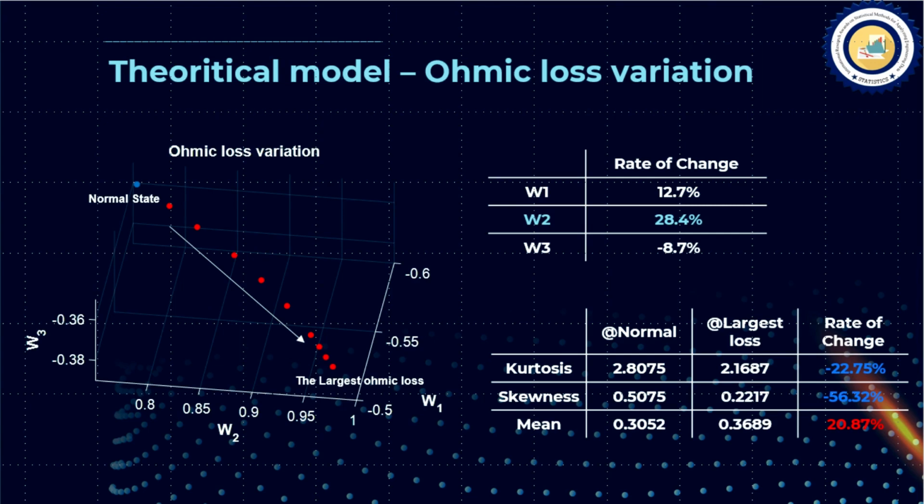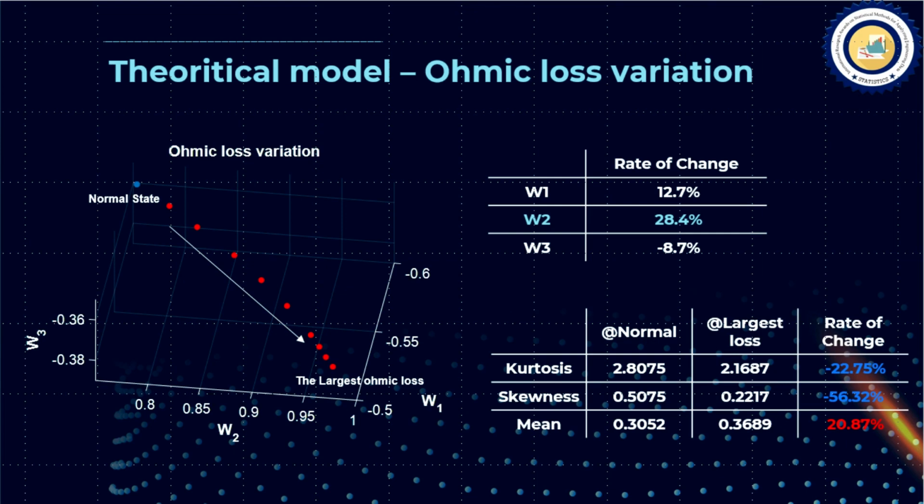And when the magnitude of the ohmic loss was increased, it was confirmed that the W2 assigned to the loss component had the largest range of change, and the corresponding changes in kurtosis, skewness, and mean are shown in the table on this slide.